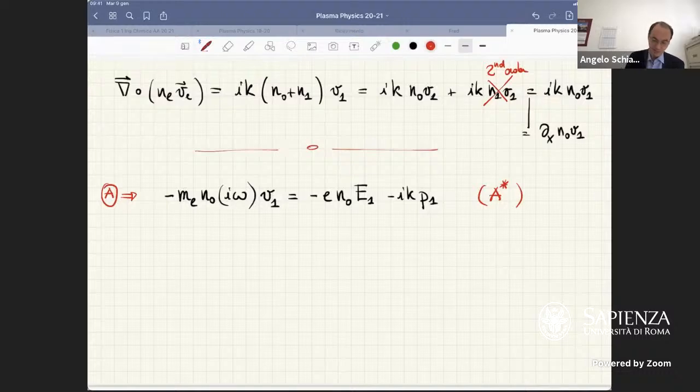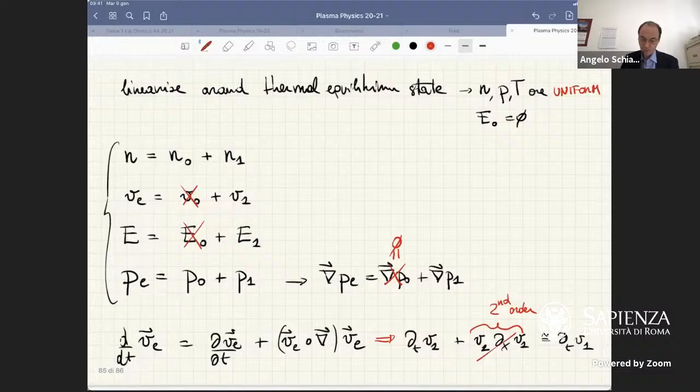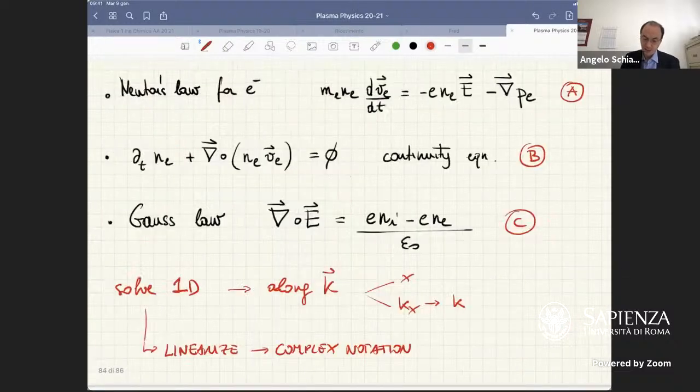We do the same for B, and B was, let's go and see what B was, the continuity equation.